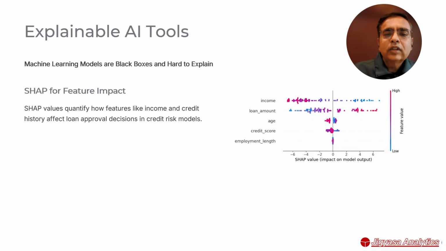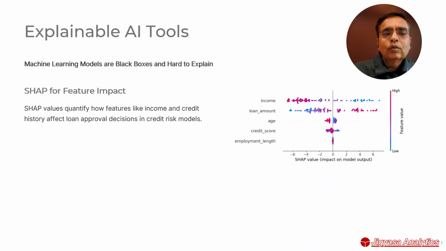In this chart, for example, red is a higher value, and you can see for income as well as credit score, the reds are more on the left and the lower values are on the right. So it means higher credit risk is associated with lower income or a lower credit score.